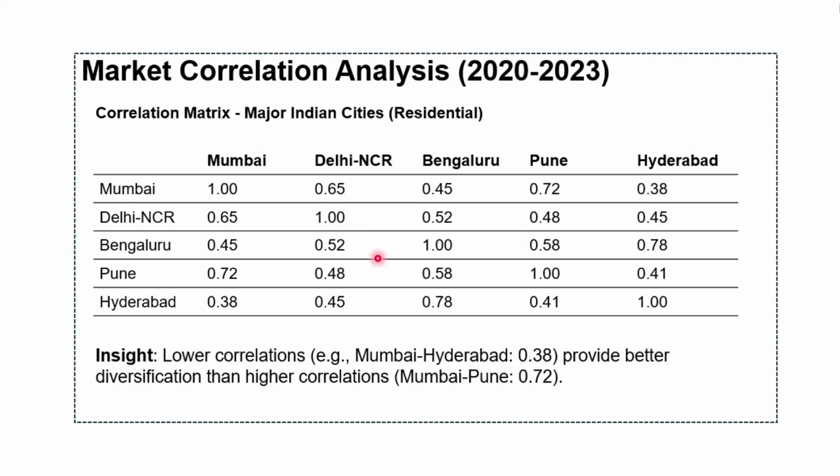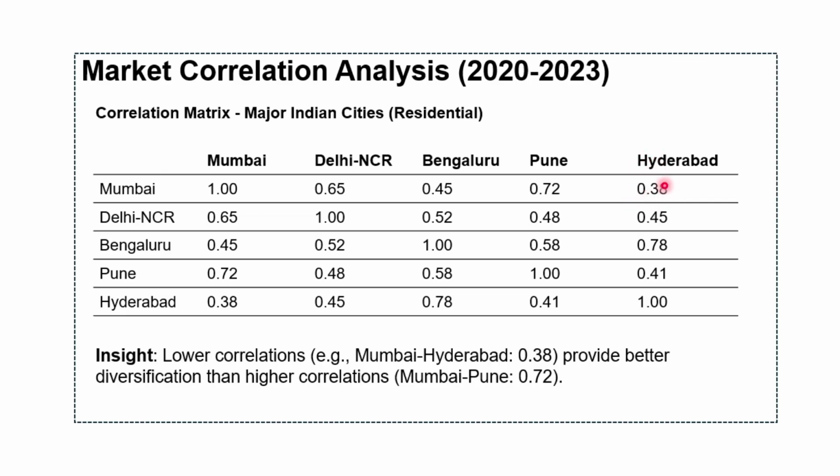Then market correlation analysis. We should also understand that correlation is an important thing. If there is a lower correlation, for example between Mumbai and Hyderabad, Mumbai properties and Hyderabad properties do not move in the same direction together.